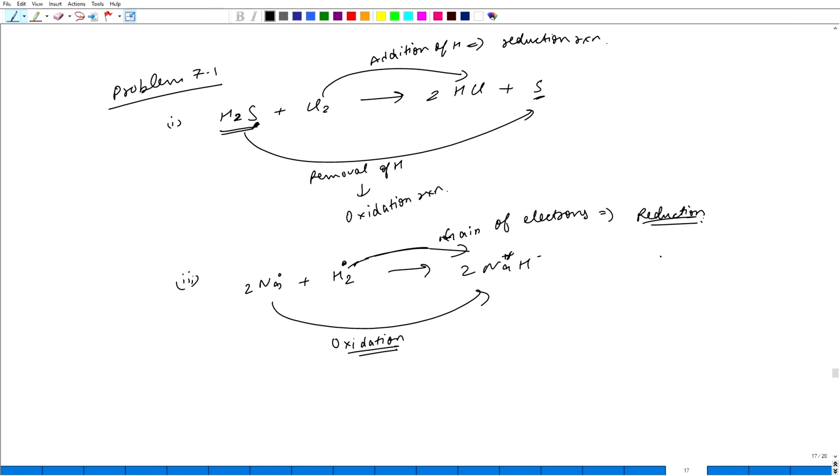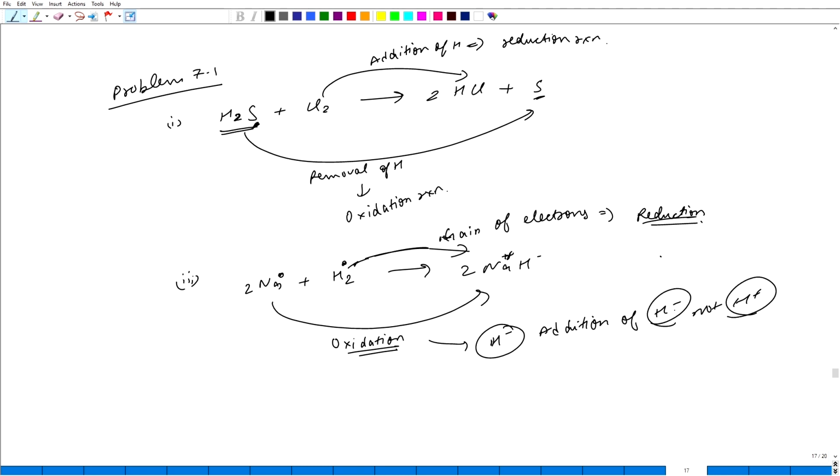You must be wondering why I wrote the wrong thing earlier. It is because in this case it is not the addition of an electropositive atom; there is an addition of H minus, not H plus. Just take care of this.